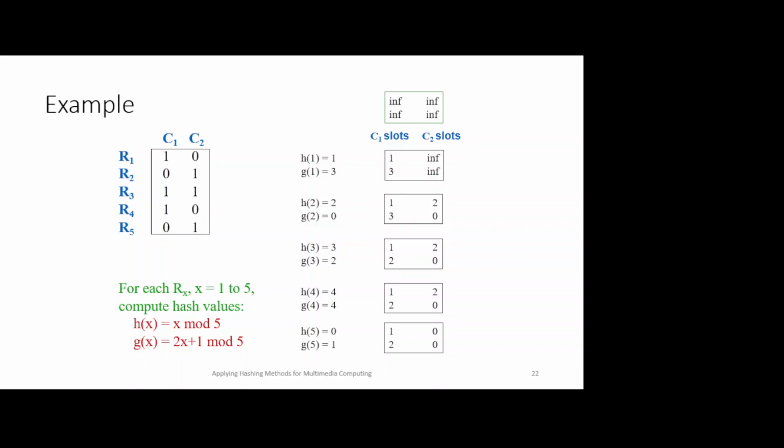We just repeat for the second row. We take the second row to calculate the hash values 2 and 0. Also you have to check that in the second row C1 is 0, so we cannot apply these hash values there.